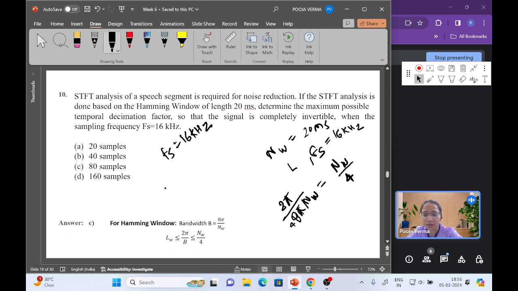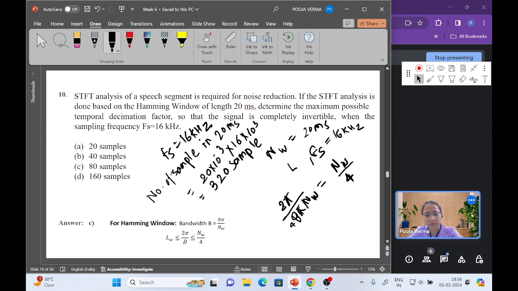Number of samples in 20 milliseconds is 20 times 10 to the power minus 3 into 16 times 10 to the power 3, that is 320 samples.